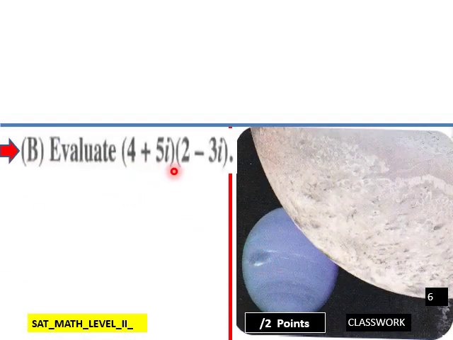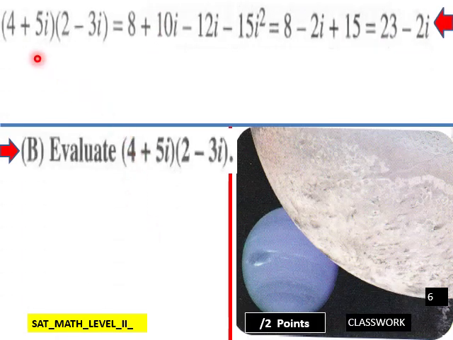Evaluate 4 plus 5i multiplied by 2 minus 3i. So 4 plus 5i multiplied by 2 minus 3i will equal 8 plus 10i minus 12i minus 15i squared. When we combine similar terms, it will be 8 minus 2i, and then minus 15i squared.